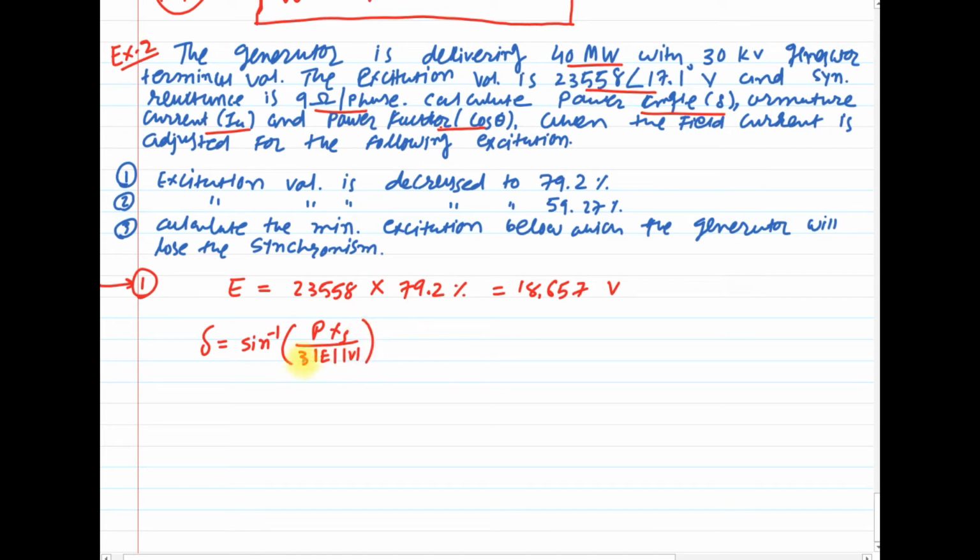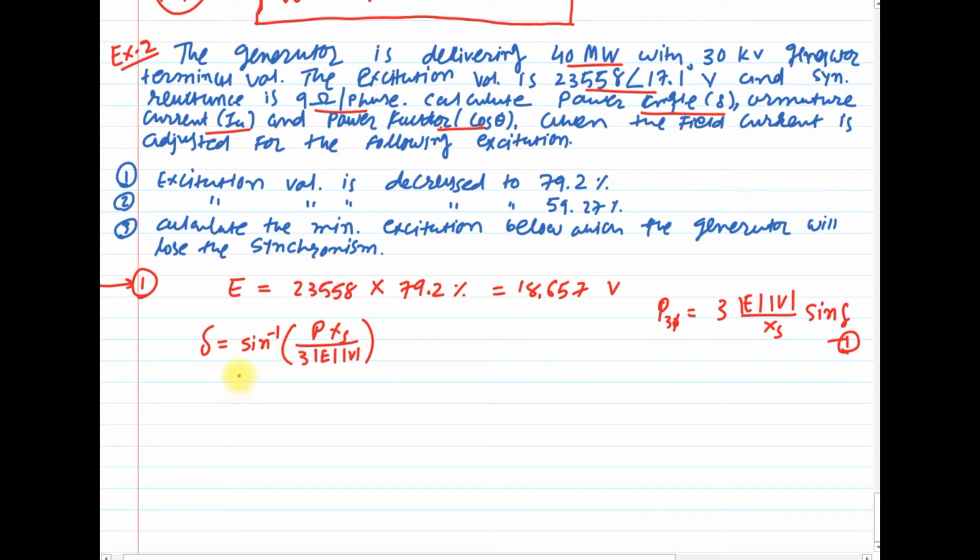Clear? Or if you wish, you can write P for three phase, which is equal to 3EV by XS sine delta. From this equation number 1, we make delta the subject.